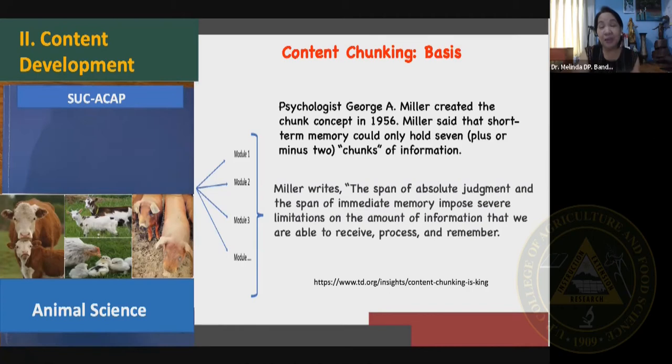Yung sa nutrition, paano mo pahahatiin yan? In such a way that each module can correspond to a chunk of a lesson with this 7 plus or minus 2 bits or key takeaways. And that will now determine what should be contained in your module. Okay? What should be contained in your module and who can be assigned to write that particular module.